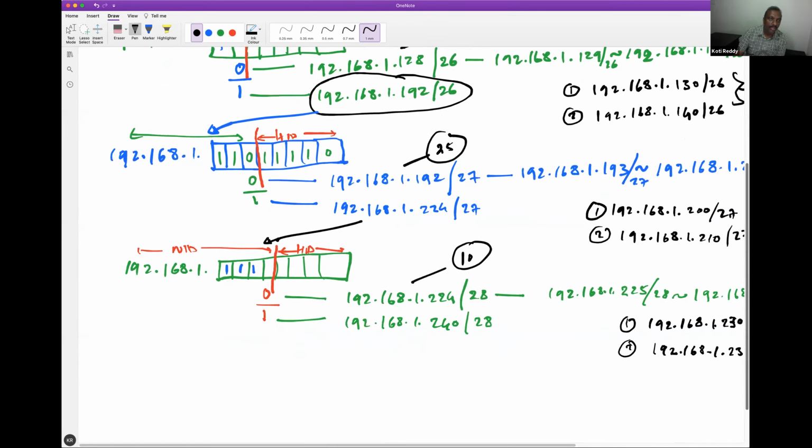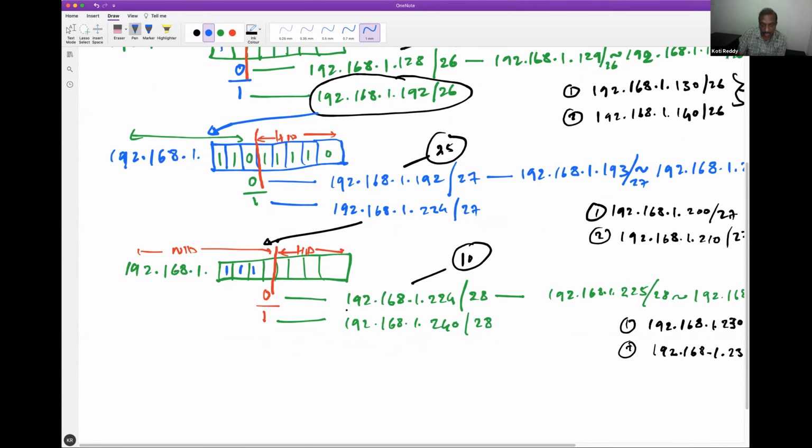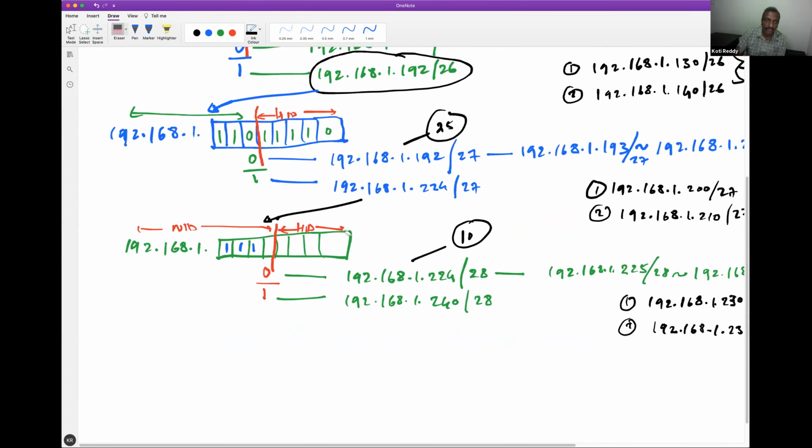So again, what do I do now? These two are again mutually exclusive to each other, right? So I don't take anything under this because I already used this one. So I go for the next network ID. I take this. So again I have 192.168.1.